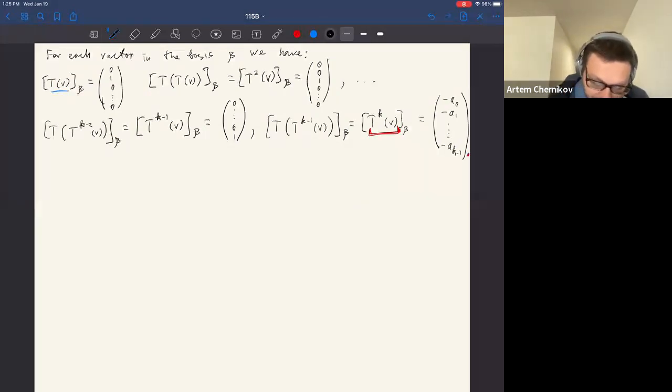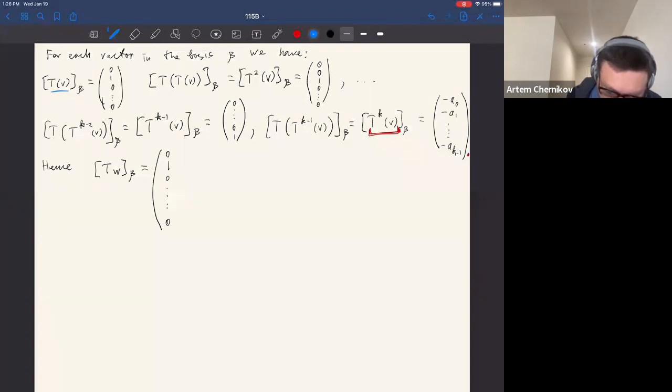But having obtained all these coordinate vectors, we can now write the matrix, right? So hence, we have that the matrix representing T_W with respect to beta is going to be, and here we just have the columns corresponding to the vectors we just wrote, right? So we get 0, 1, 0, followed by zeros. This is the first one here, right? So it goes in the first column. Then the second one goes in the second column.